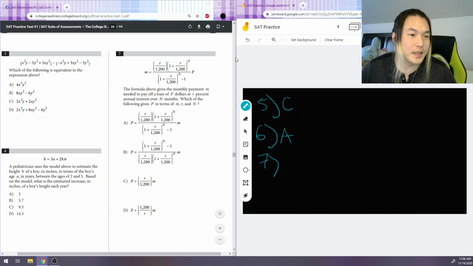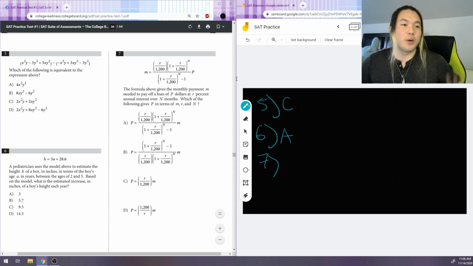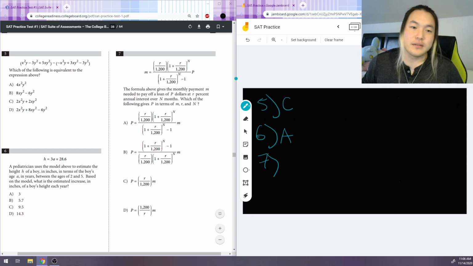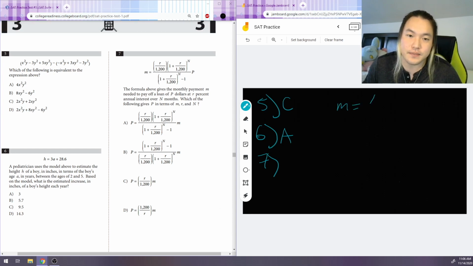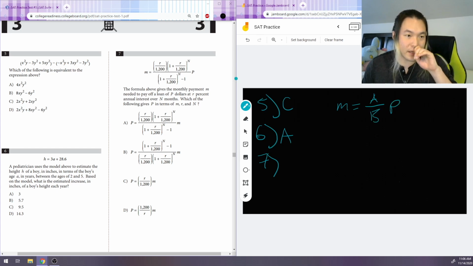Okay, so here you have to realize in this problem we have P being multiplied to this fancy fraction, and that equals M. So don't be intimidated by the fancy fraction. Let's actually try this one. So this time I've simplified the fraction quite a bit.